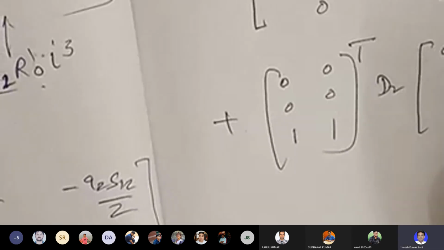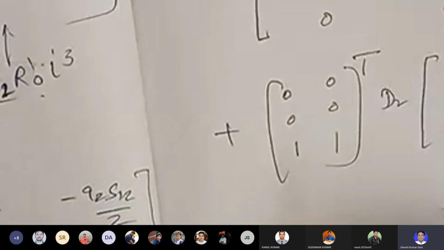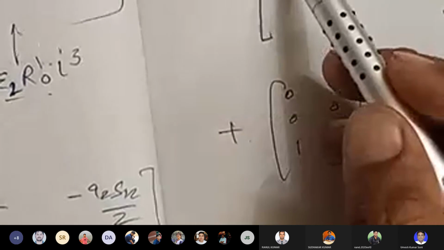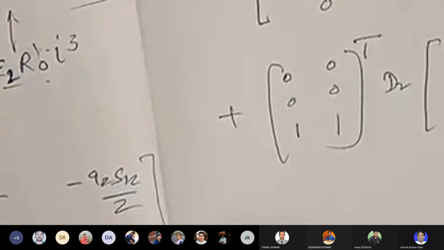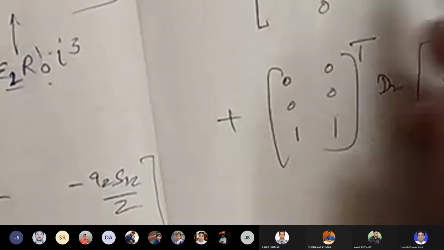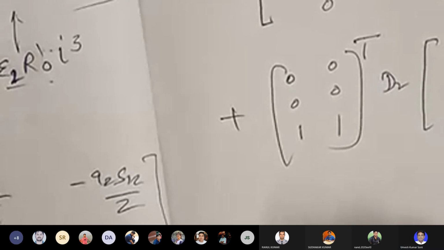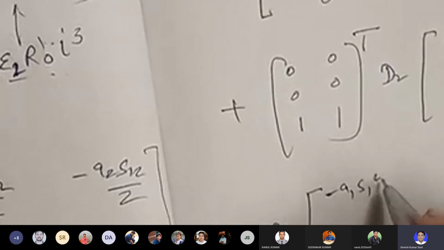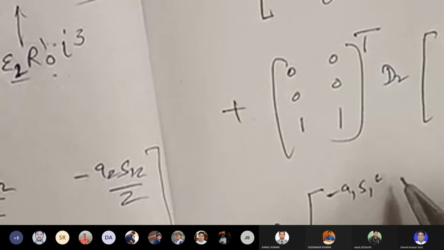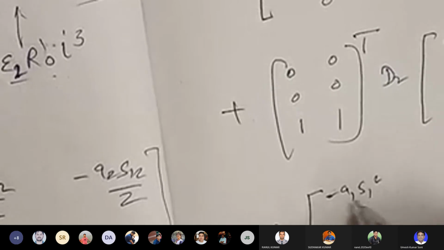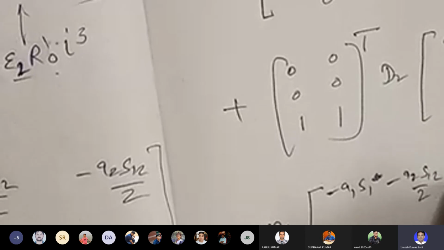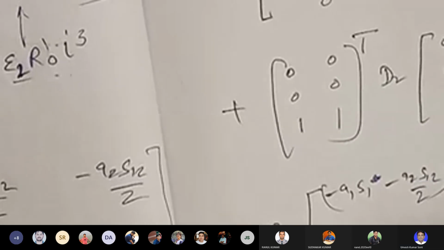Here m2 is common, and you multiply these elements, so you will get here m2 into this a1 s1 square, a1 s1 minus a2 s12 by 2 the whole square.